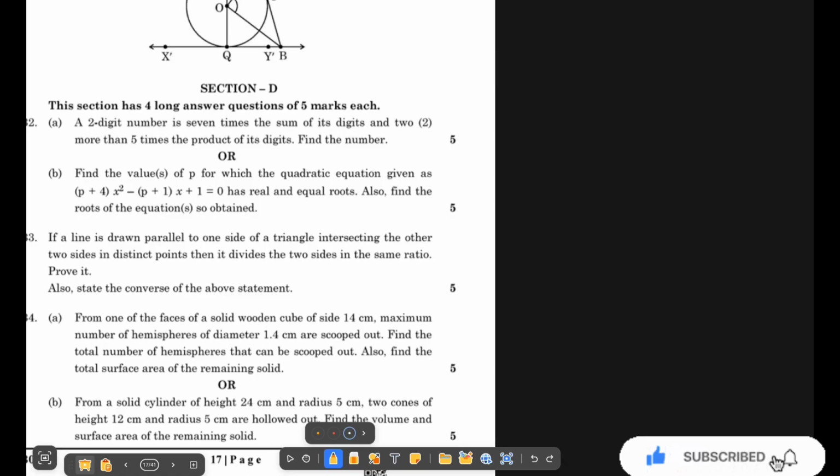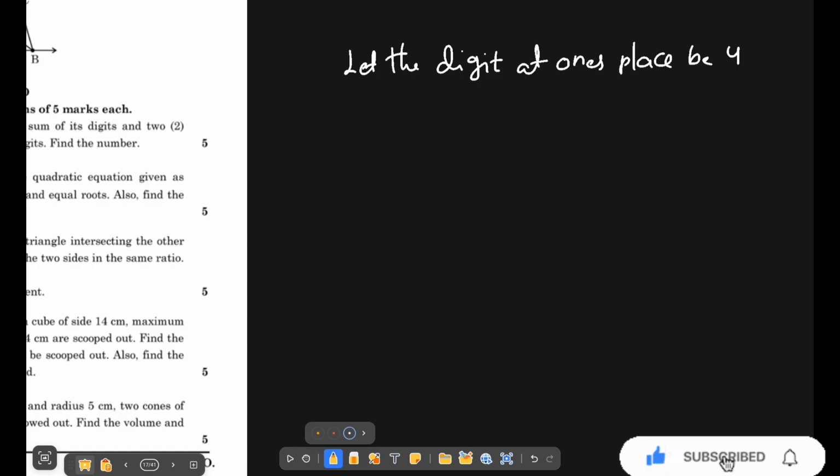So it's a two-digit number, right? Let the digit at ones place be y and the digit at tens place be x.